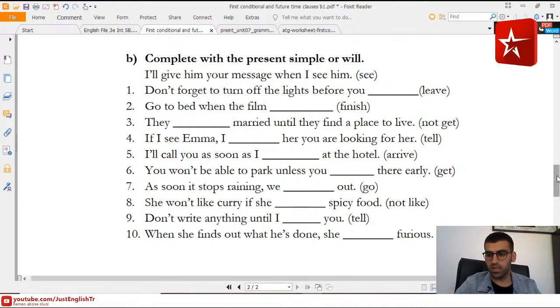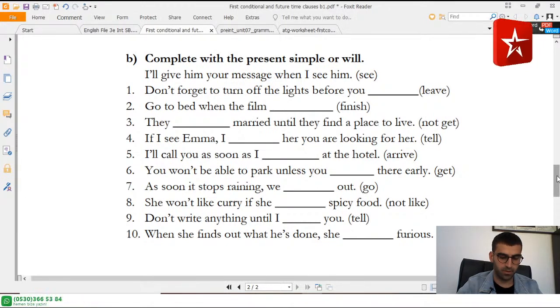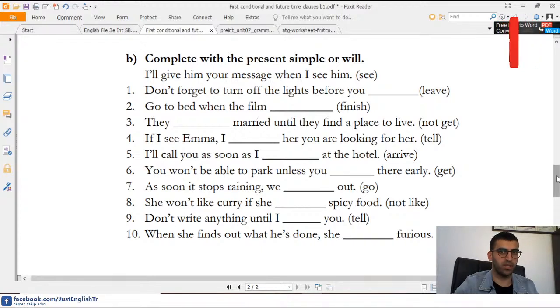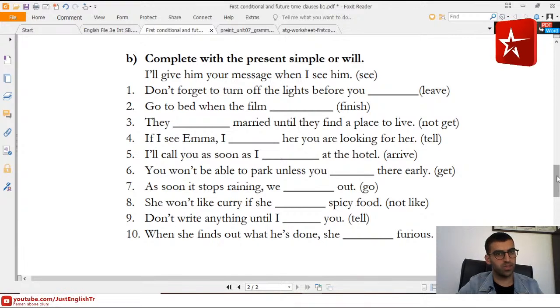So let's do it together from 1 to 10. For example, I will give him your message when I see him. As you see, after the if clause, we use present simple. For the main clause, we use the future simple.